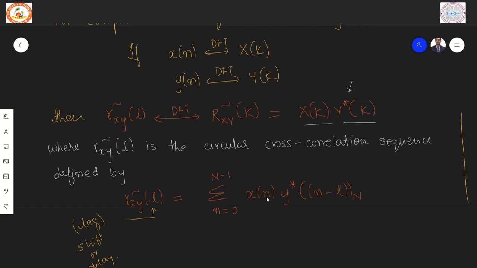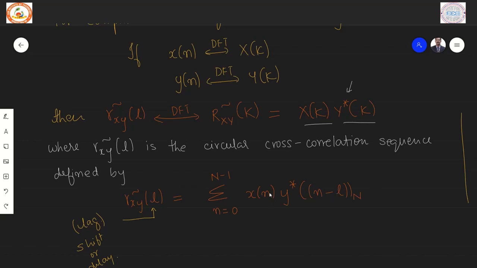If we observe here, the sign of n, the index for x and the index for y, is the same. This tells us, unlike circular convolution, we do not reflect the sequence. Rather, n minus L indicates the shift. So there is no reflection part.